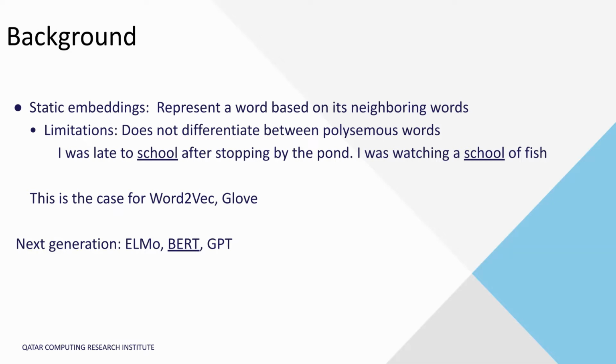The problem is that word2vec doesn't differentiate between these two senses. It takes one form of the word and presents it as a vector. So it doesn't represent the meaning, but rather the word form. This is the case also for GloVe.